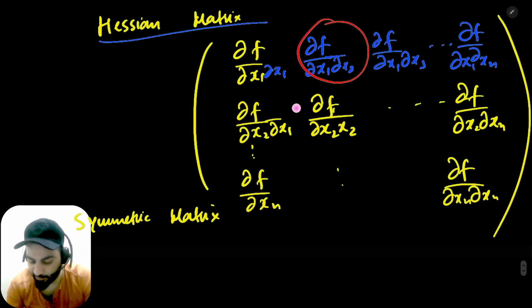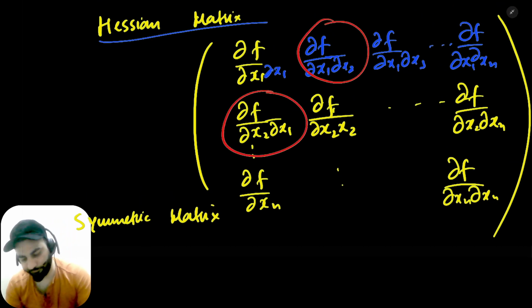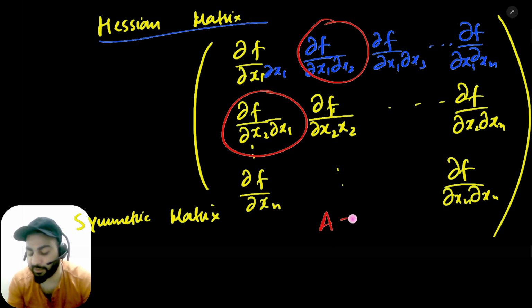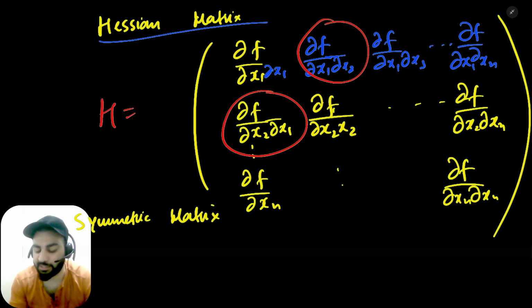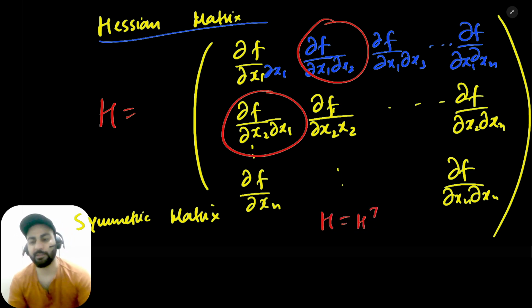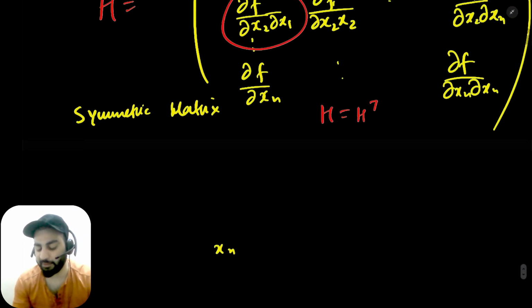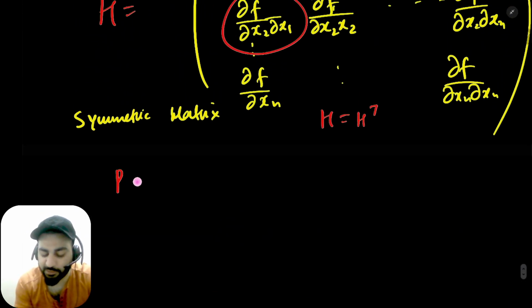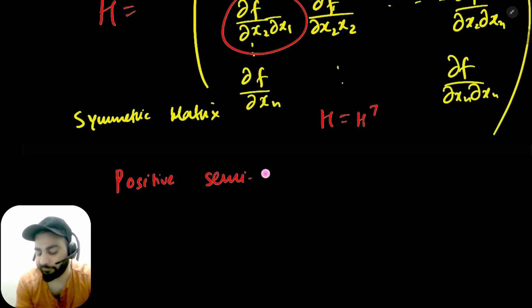You see this entry and this entry are equal. If you see these parallel entries, this Hessian matrix, represented by H, satisfies H equals H transpose. If you have real entries, it is also a positive semi-definite matrix.